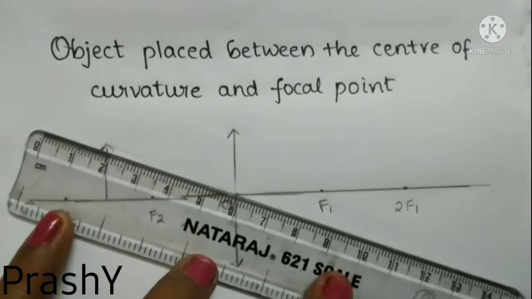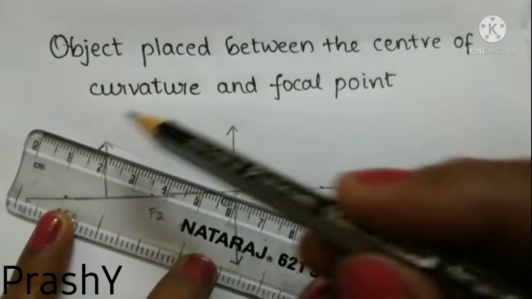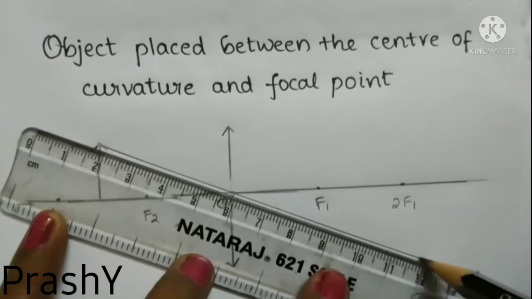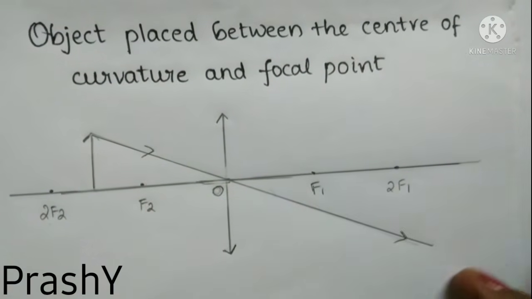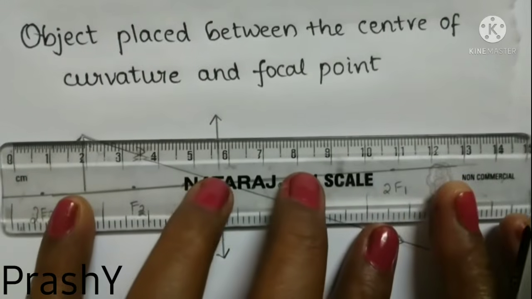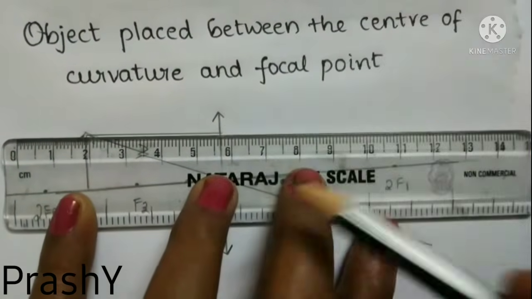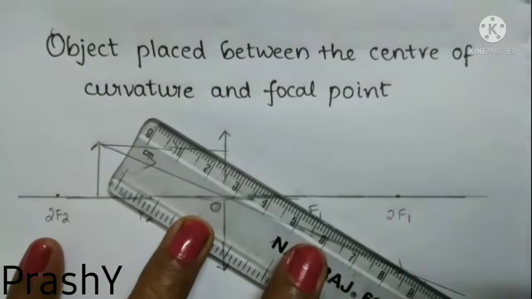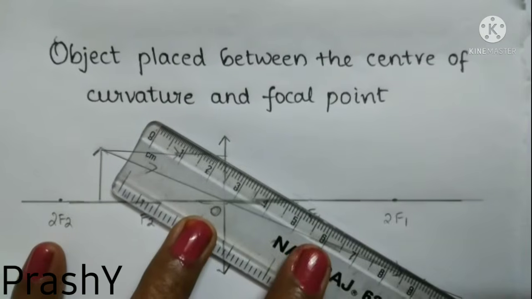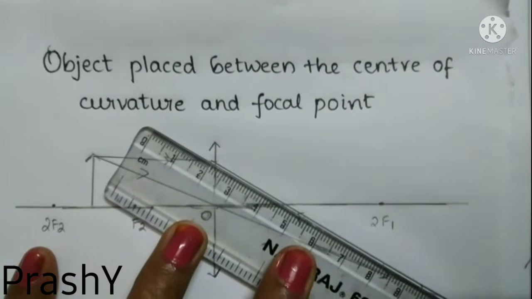So now a ray passing through the optic center proceeds undeviated. Another ray I am taking parallel to the principal axis. This is my incident ray. So parallel to the principal axis always meets at the focus. So the ray is passing through the focus.